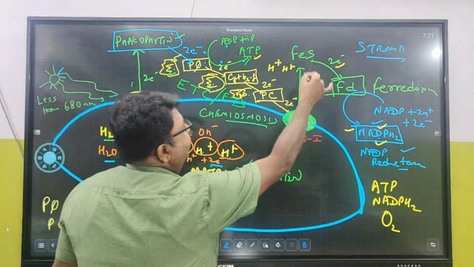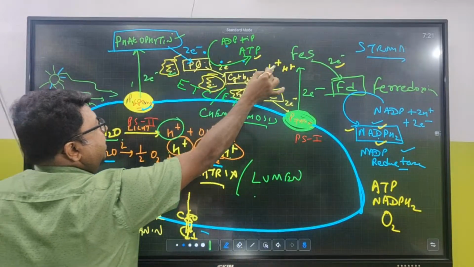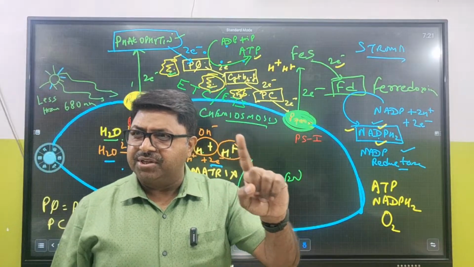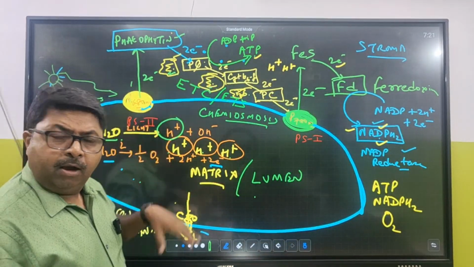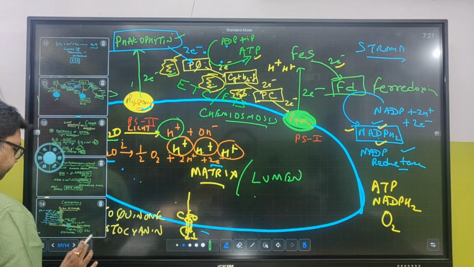Remember, when this electron comes back from FES during cyclic phosphorylation, where does the electron go from FES? Towards PQ.